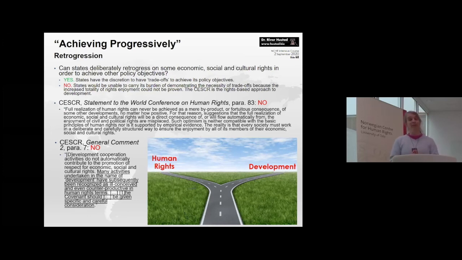So the committee here is not saying specifically what should be done, but they're saying that in creating development projects, human rights have to be taken into consideration the whole time. So there really shouldn't be a division in the road. It really should stay as one road. Whether there can be a little bit of regression for a greater good, the committee is not exactly specific on that point.